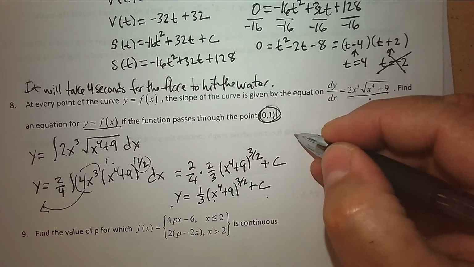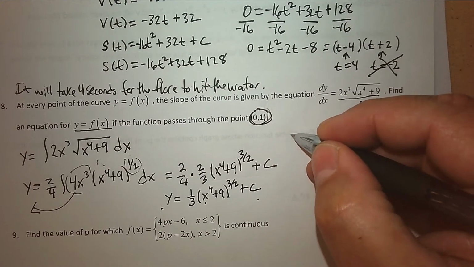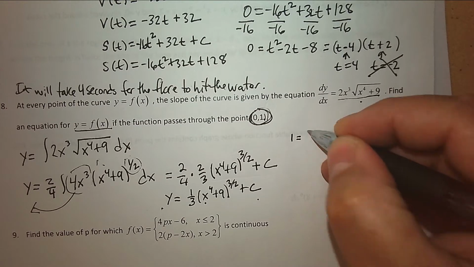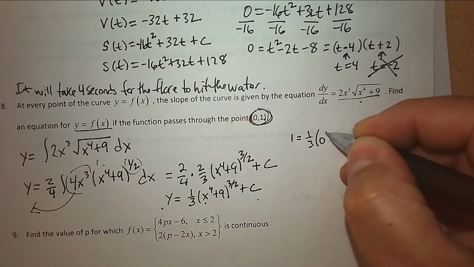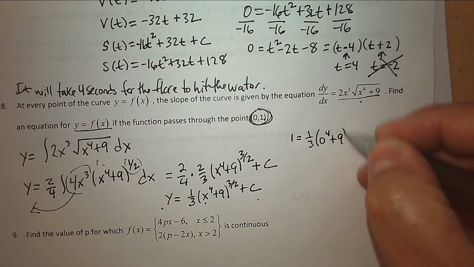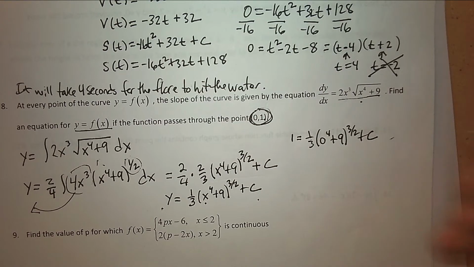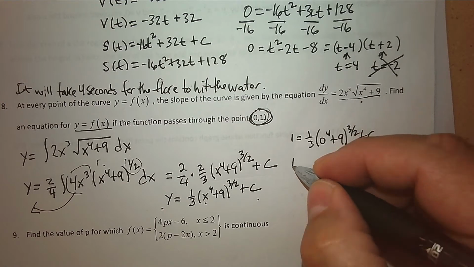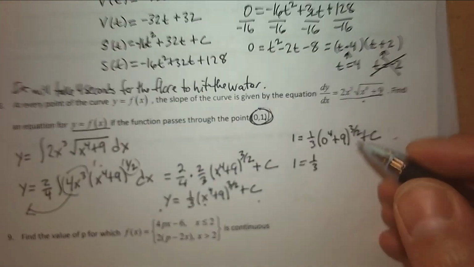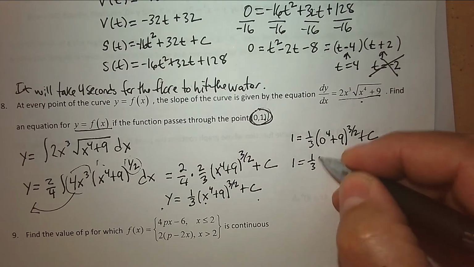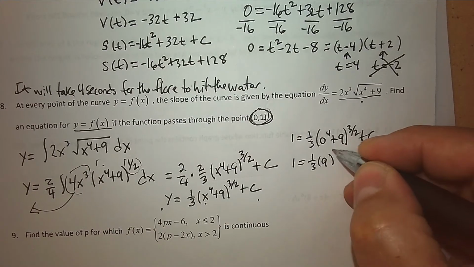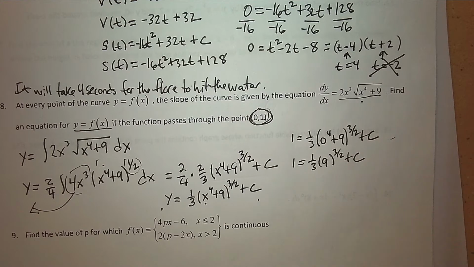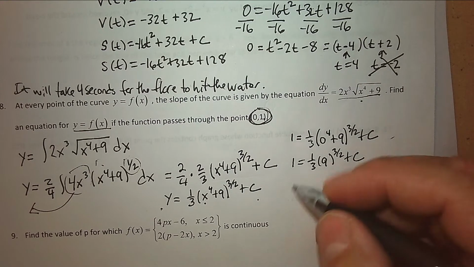So let me do that here on the side. So the y coordinate's 1. The x coordinate is 0. And now let's see if we can solve for c. So 0 plus 9 is 9. A fractional exponent.